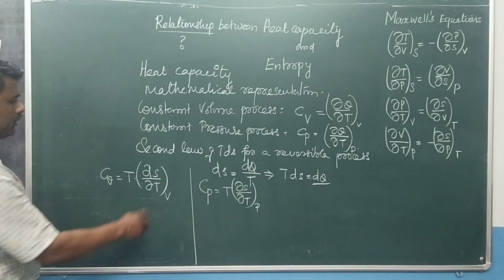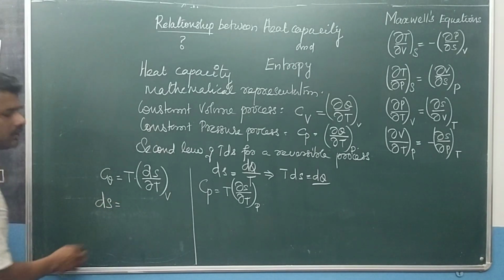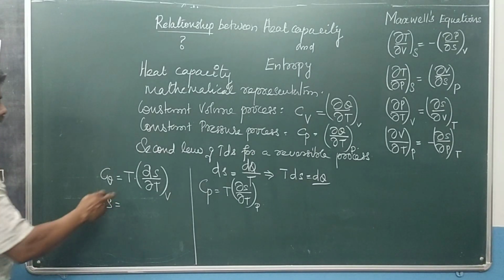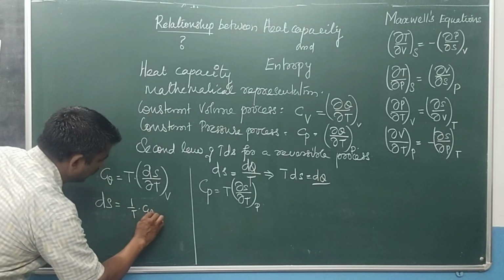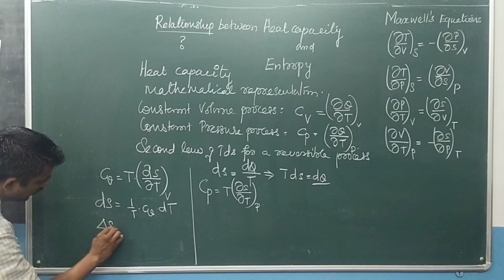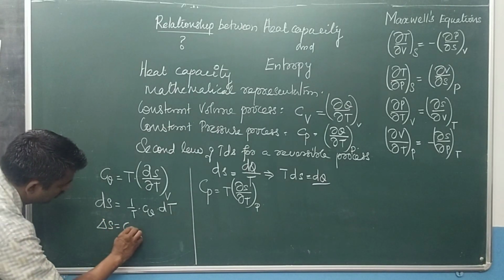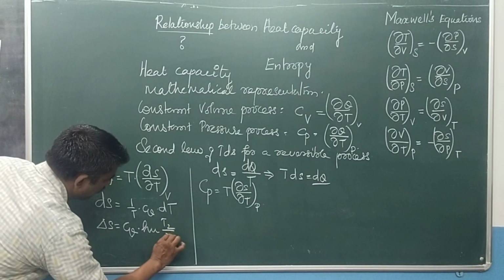For a definite temperature difference, T1 to T2, this equation becomes dS is equal to Cv by T, that is, 1 by T into Cv into dT, or I can write ΔS is equal to Cv into ln T2 divided by T1.